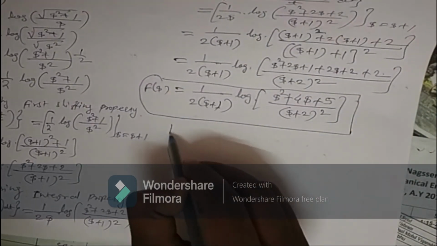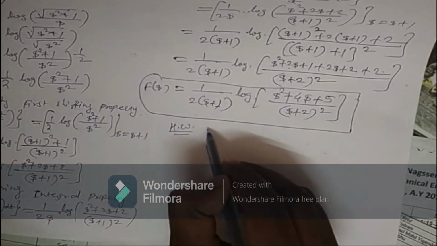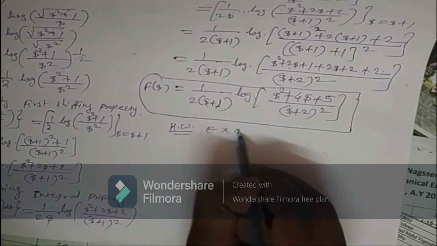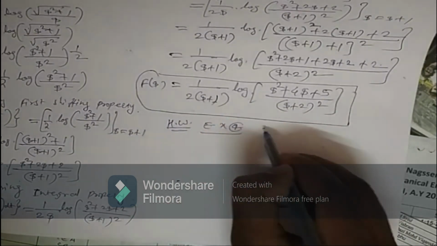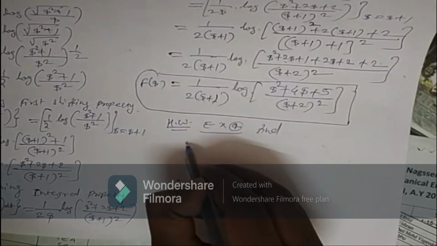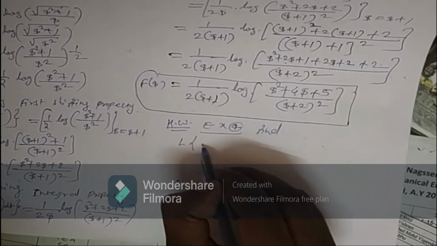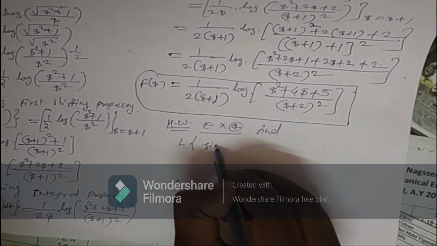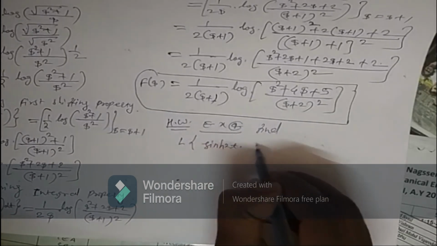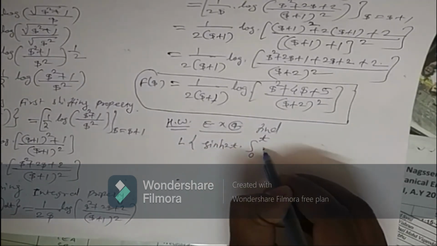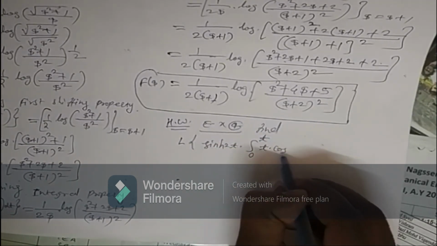Now let us take some examples for homework. Example number 4: find Laplace transform of sine hyperbolic 2t into integration from 0 to t of t cos 2t.